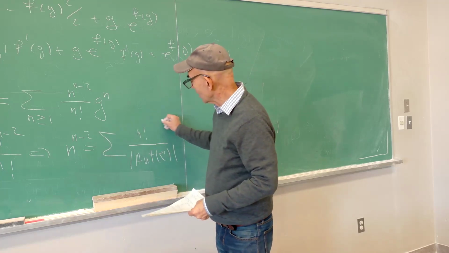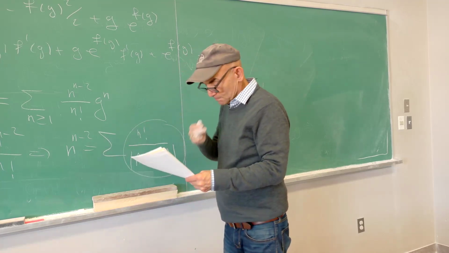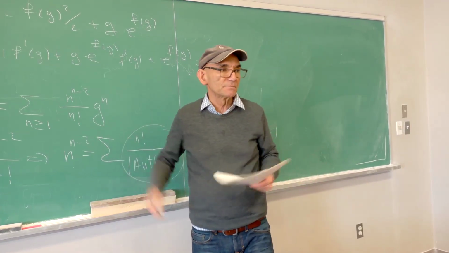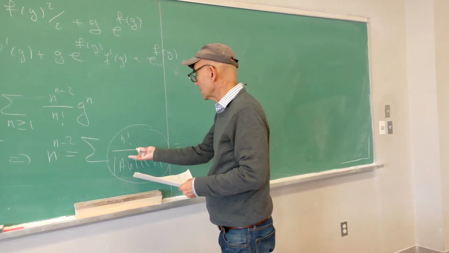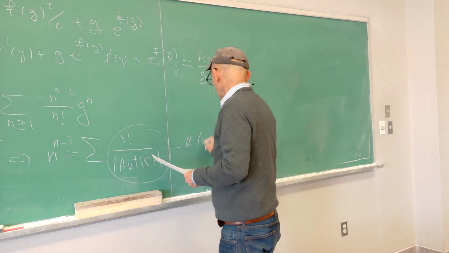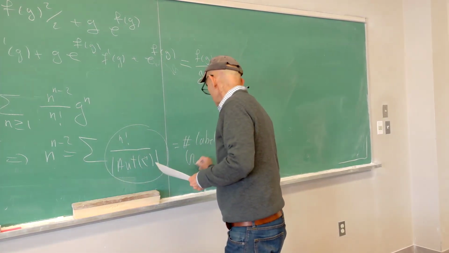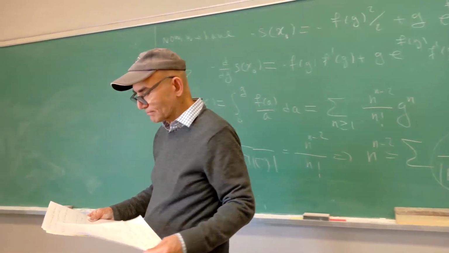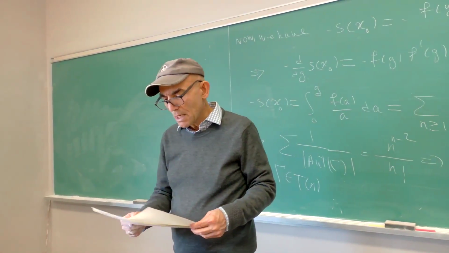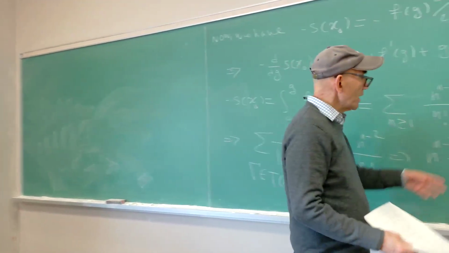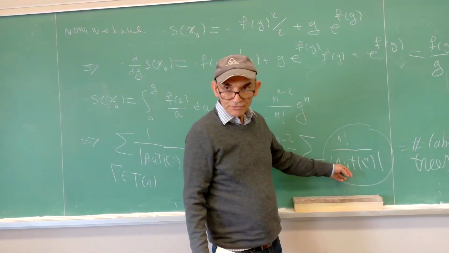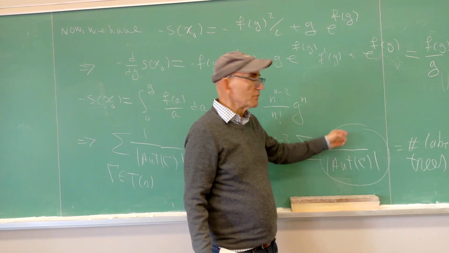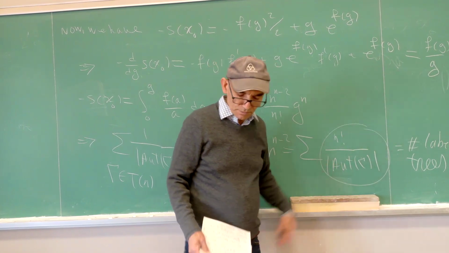So this indeed is just the set of isomorphism classes of labeled trees. So for each unlabeled tree, there are this many labeled trees that come from it by labeling the vertices 1 to n in different ways.